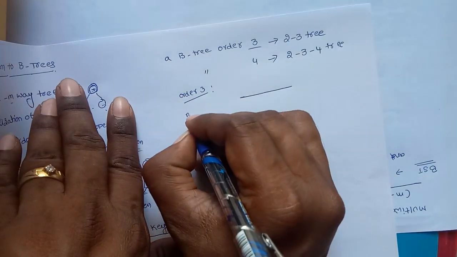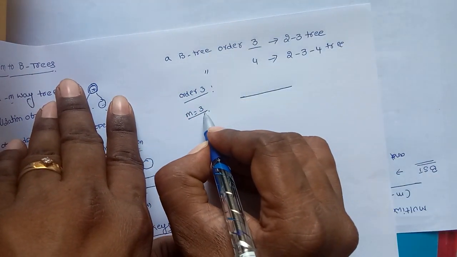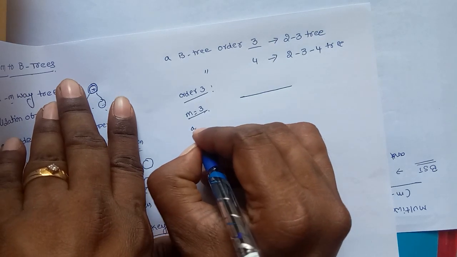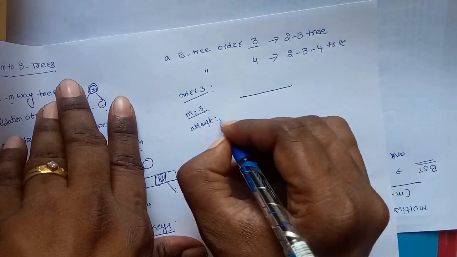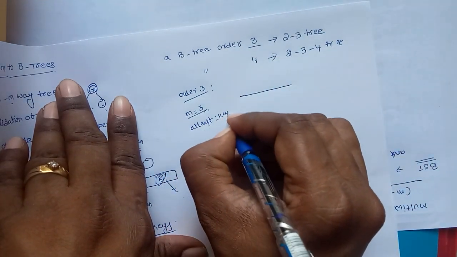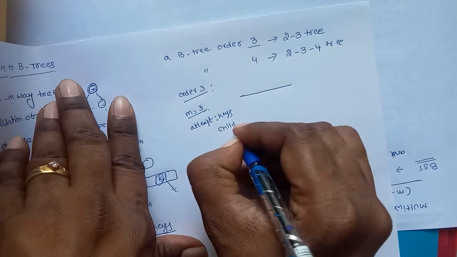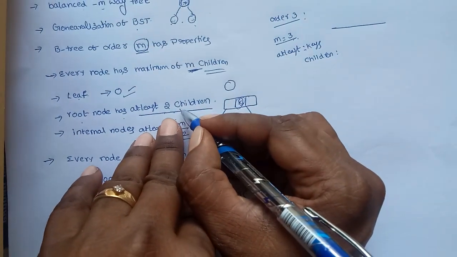So m is equal to 3. M is equal to 3 means how many children? At least, and at least keys and at least children. Remember, at least, other than root. Root has at least 2 children.